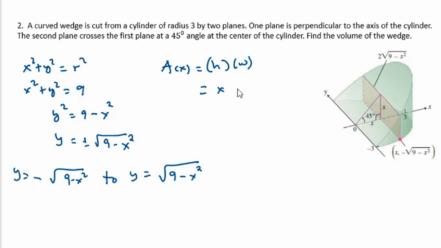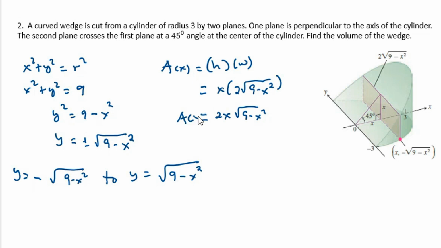We have 2 square root of 9 minus x squared. So multiplying that, the area A of x, or the area of a cross-section, is 2x times the square root of 9 minus x squared.